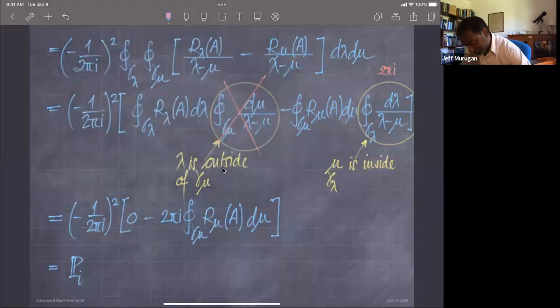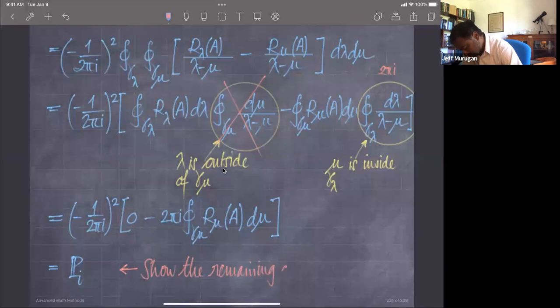As an exercise, I would like you to show the remaining case: P_i P_j is equal to 0 for i different from j.